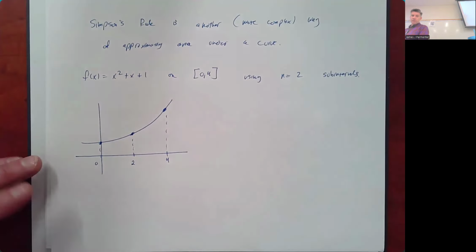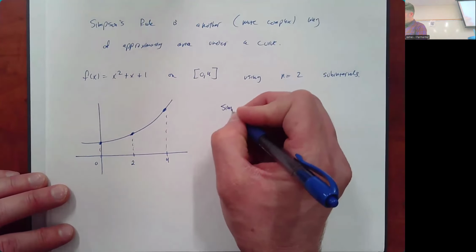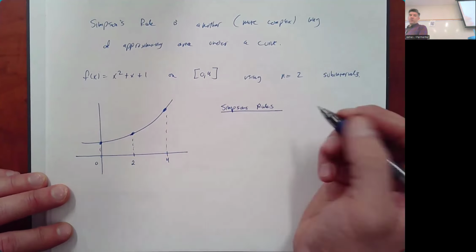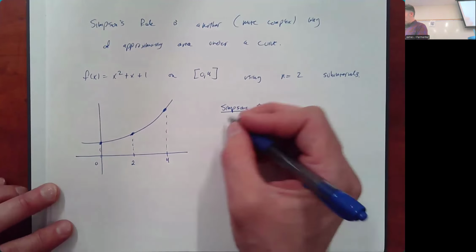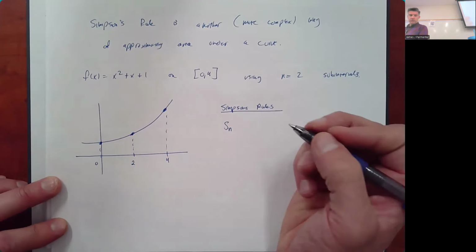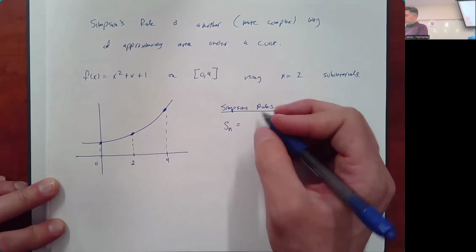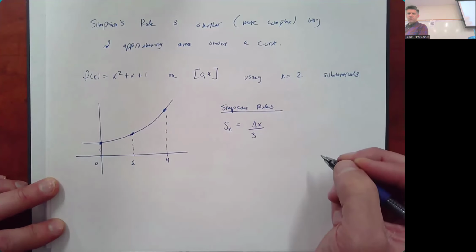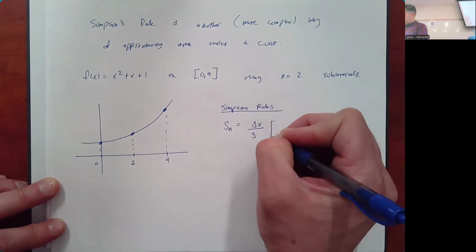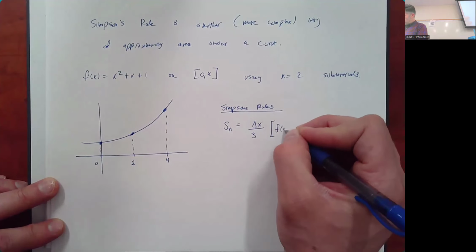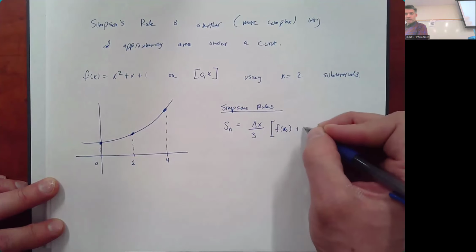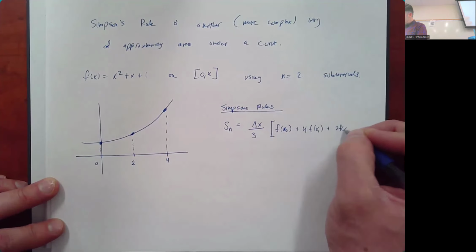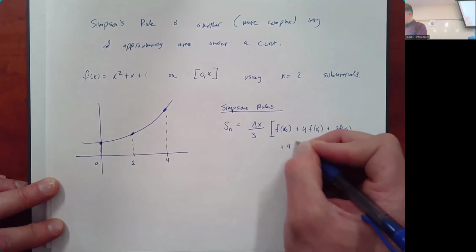Well, here's what Simpson's rule says. I'm going to write the general formula first, then we'll do it for this one. Simpson's rule using n subintervals is equal to delta x divided by 3 times f of x sub 0 plus 4 times f of x sub 1 plus 2 times f of x sub 2 plus 4 times f of x sub 3.